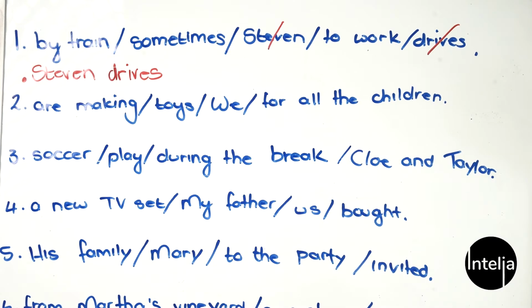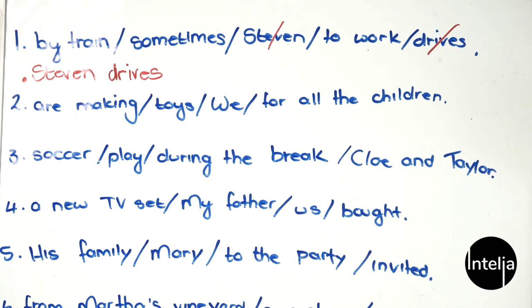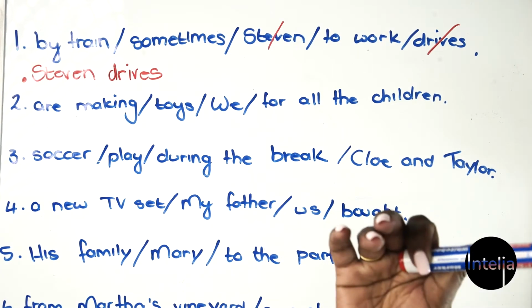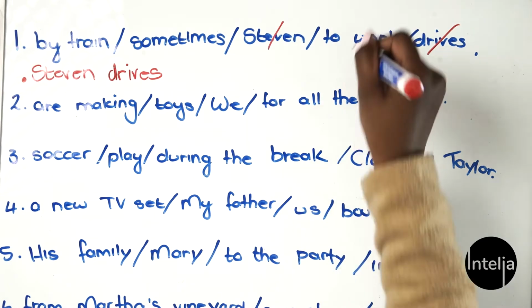Because if a verb is a doing word, it is doing something to an object. So, what do you think will follow after drives? He is driving. Where does he drive to? Exactly, to work.